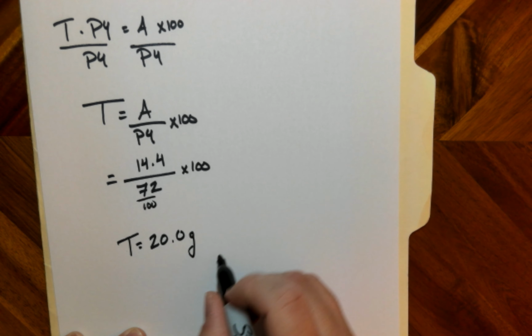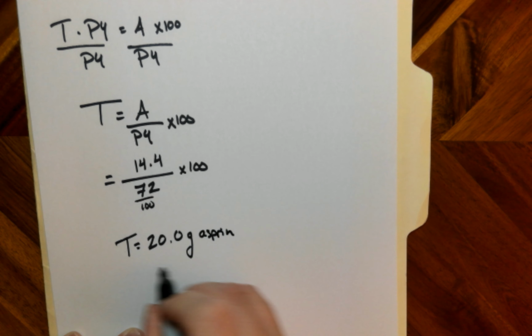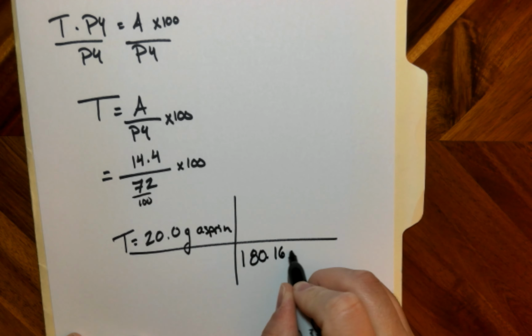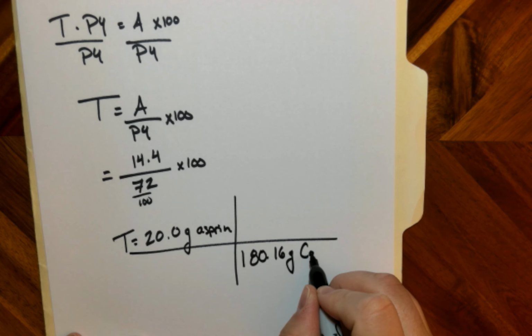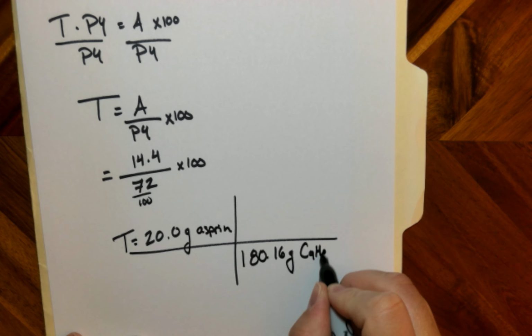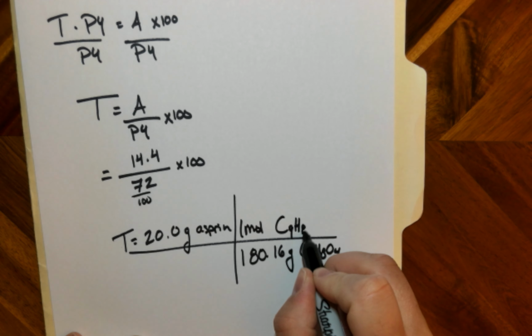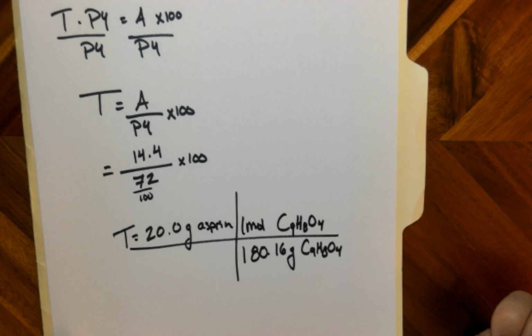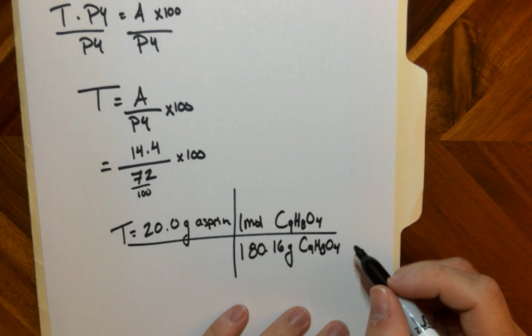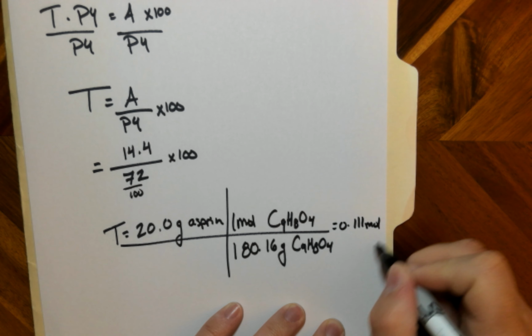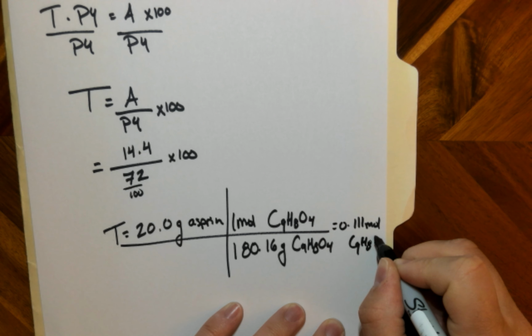We got 20.0 grams of aspirin, and we know that the molar mass is 180.16 grams of C9H8O4 in 1 mole of C9H8O4. And so when we do that, we should get 0.111 moles of C9H8O4.